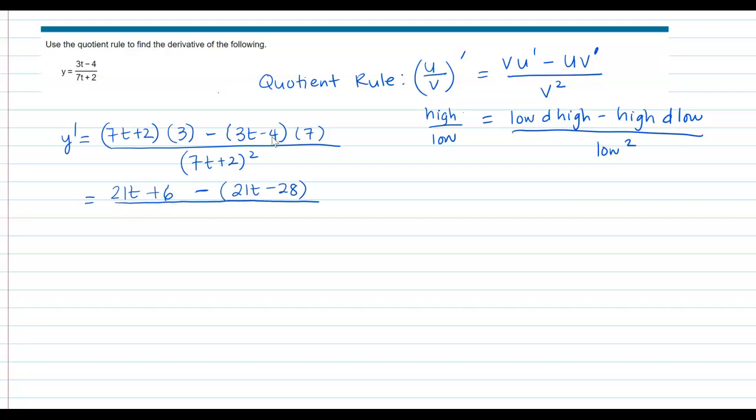All over, just copy, no need to expand, 7t plus 2 quantity squared, just the numerator. And then we have here 21t minus 21t, that is just 0. And then 6 minus negative 28, that makes it positive 28. So positive 28 plus 6 is 34. So you have 34 over 7t plus 2 quantity squared. That's the derivative of the given function.